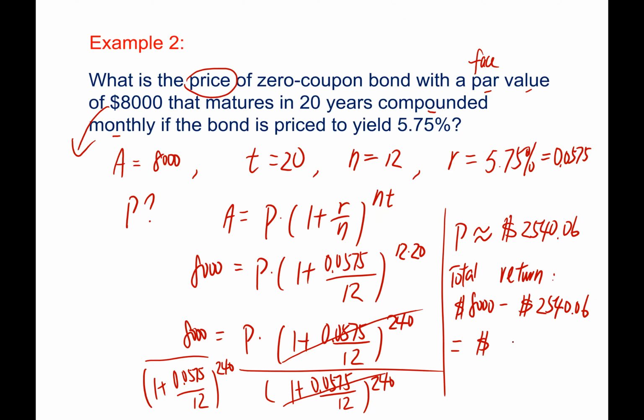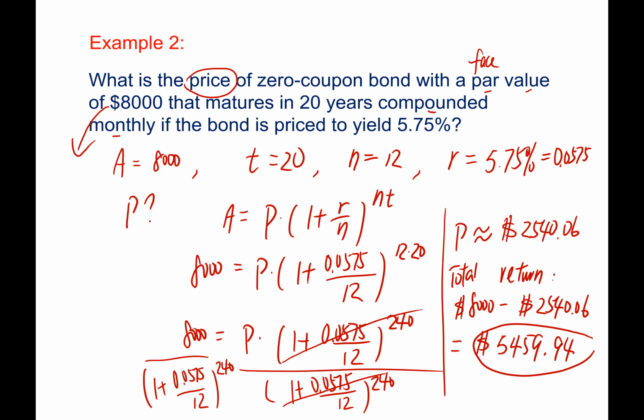So this is $5,459 and 94 cents. You can divide that by 20, right? You're going to get an annual return. If you divide that, it's about $270 per year. And this is like fixed income, meaning every year you are earning about $270 over the life of the bond.